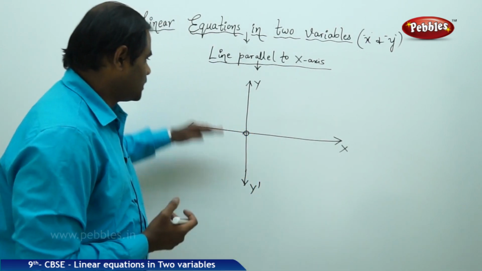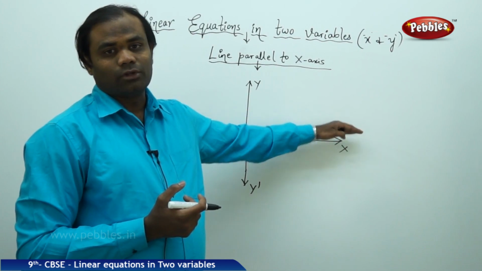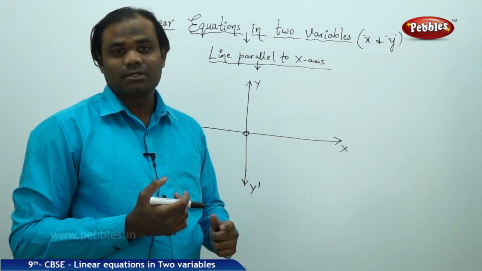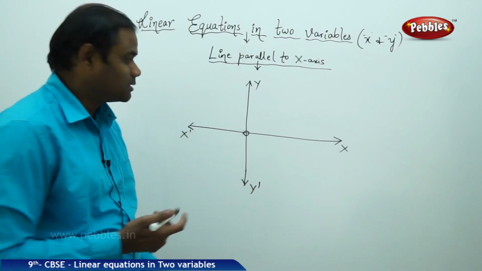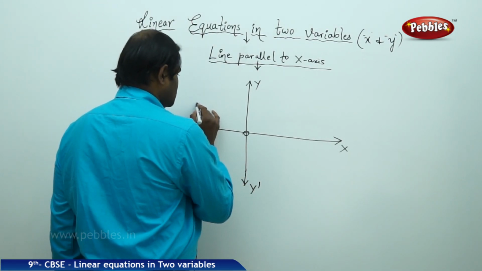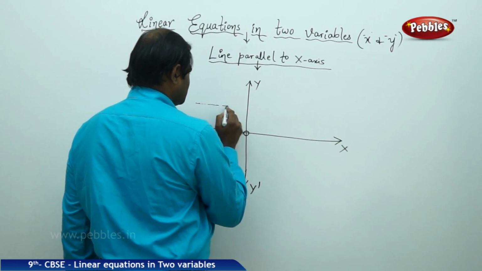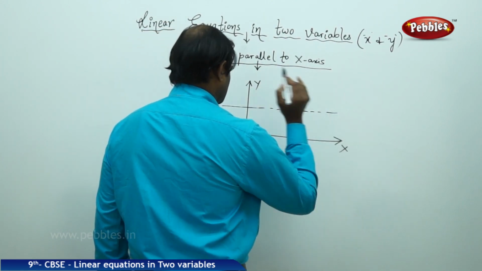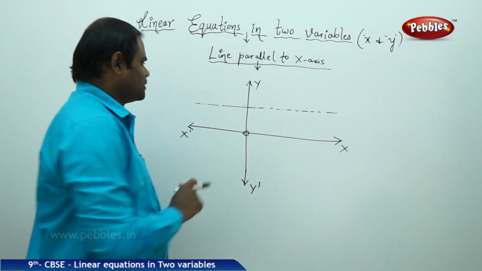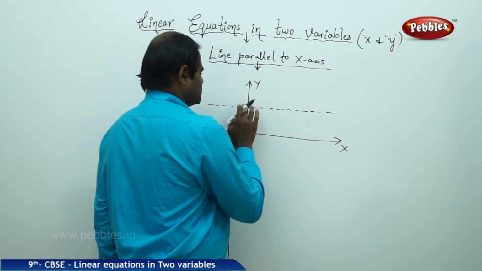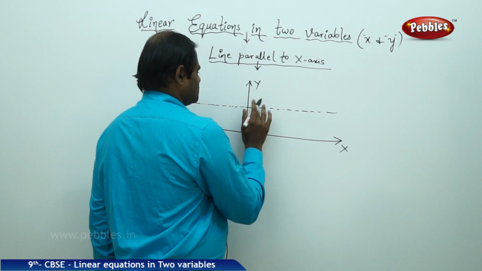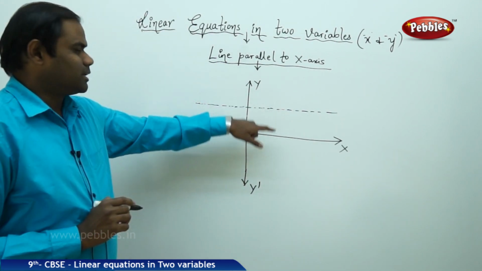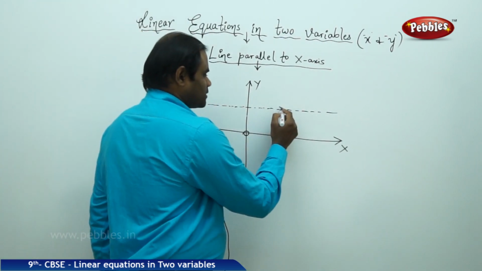Parallel in the sense that any line I draw parallel to the x-axis is at equal distance at every pair of points. That is, when I take a line, say I take this line, which is assumed to be parallel to the x-axis.